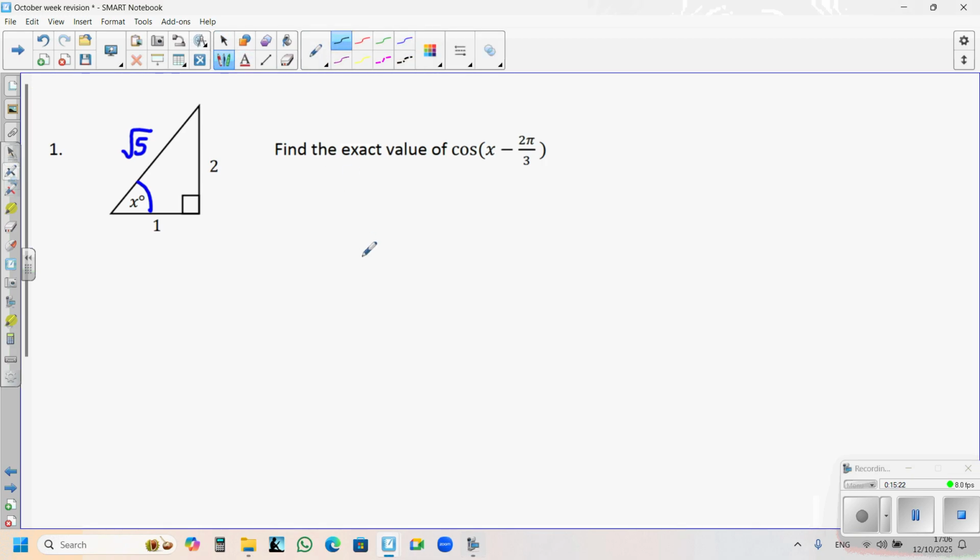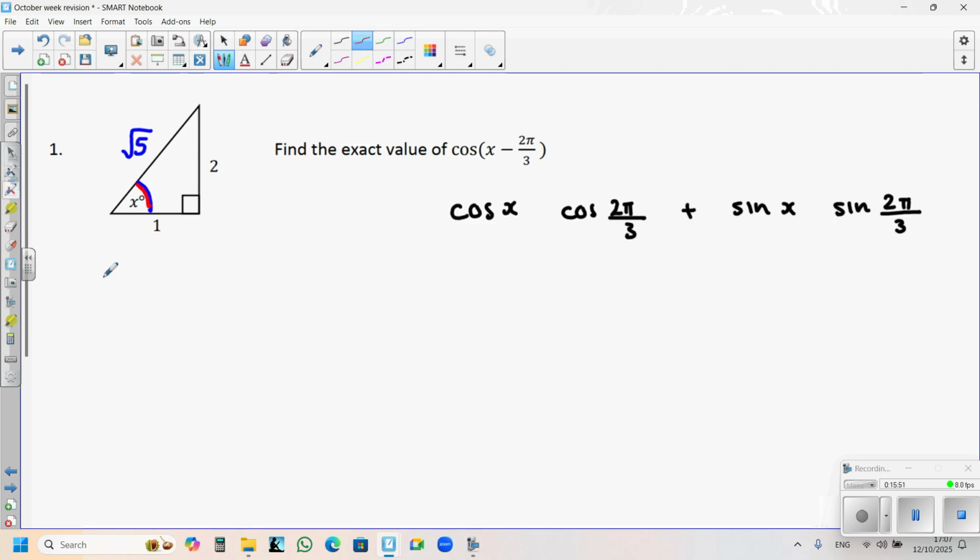Okay, if you look at your information sheet, you know that cos of (A minus B) is cos A cos B plus sin A sin B. And then put your angles in order. So that would be x, then 2 pi divided by 3, and then you get x and 2 pi divided by 3. Okay, we can work out cos x and we can work out sin x.